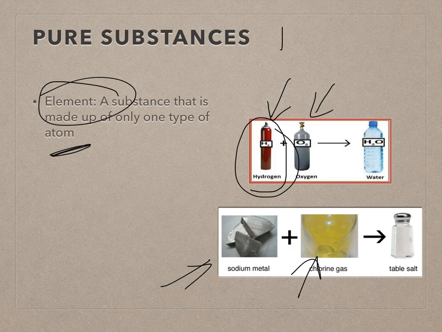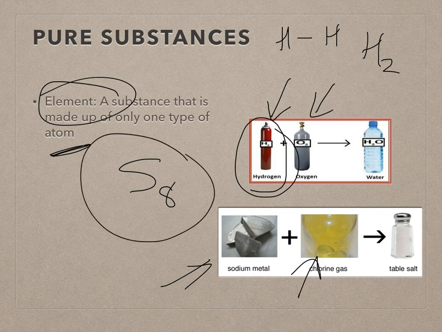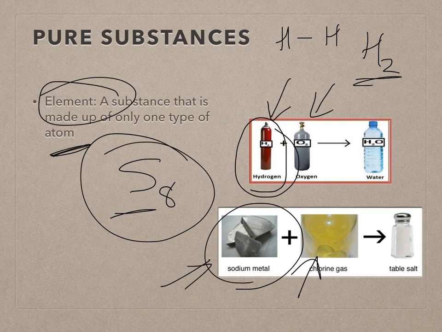Hydrogen always exists as a hydrogen bonded to another hydrogen, so it's always H2. Or with sulfur, a lot of times there are 8 atoms together. But it's just one thing. It's just sulfur. It's just hydrogen. Or we could be talking about single atoms like sodium. But all of those are known as elements.